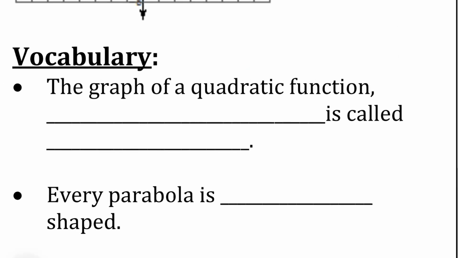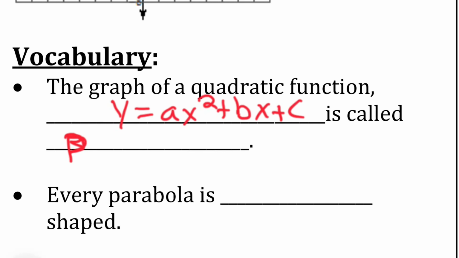So a little bit of vocabulary, a little bit of review as well. For quadratics, y equals ax squared plus bx plus c. It's called a parabola.